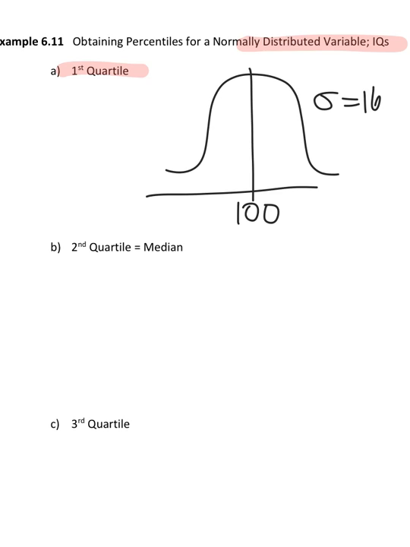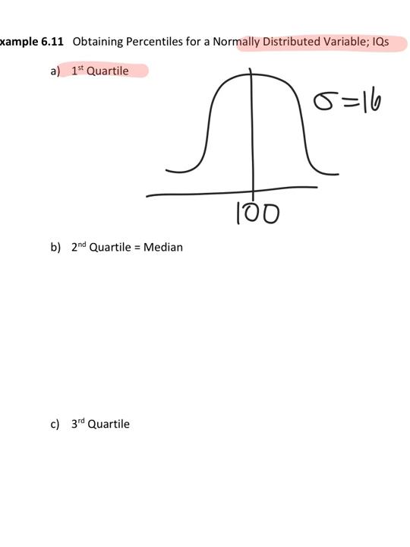So now, where do you expect the first quartile? Is the first quartile less than 100 or bigger than 100? On the left-hand side or the right-hand side, based on the normal distribution?